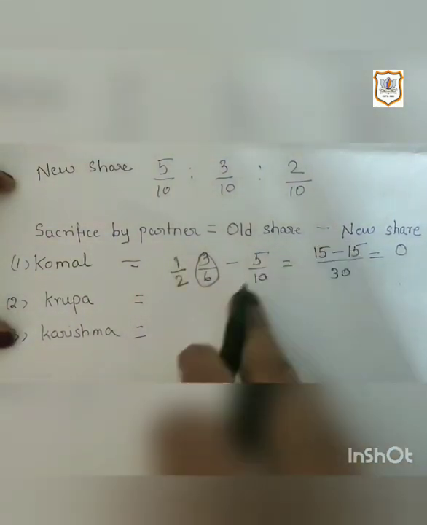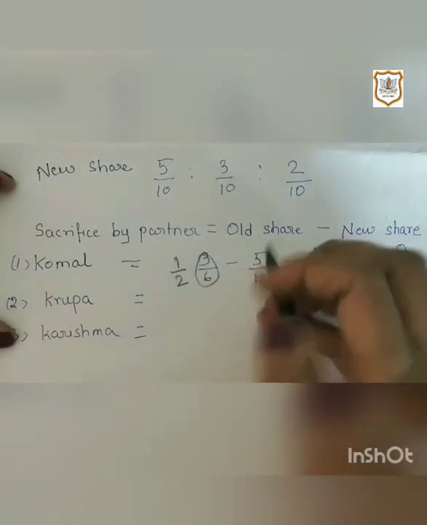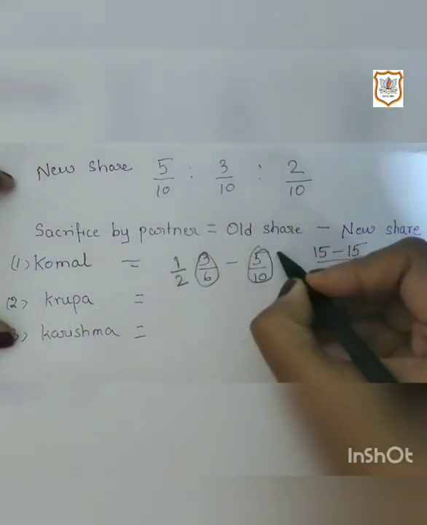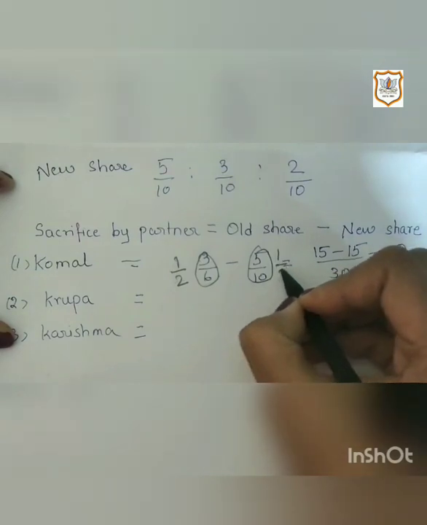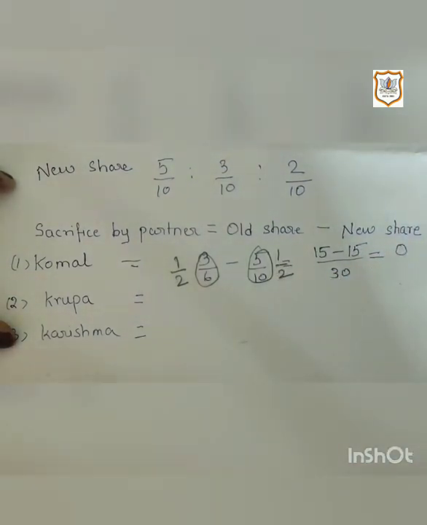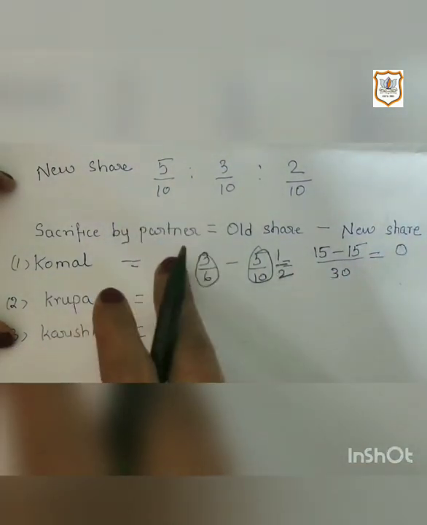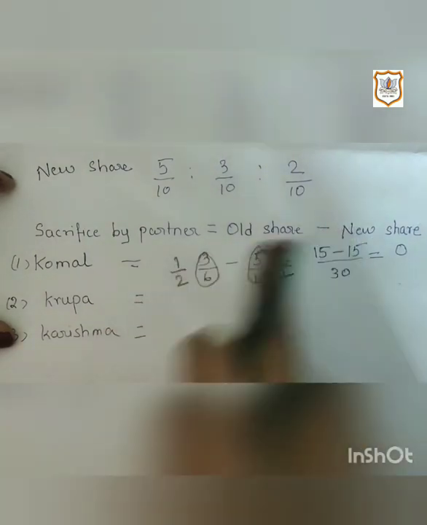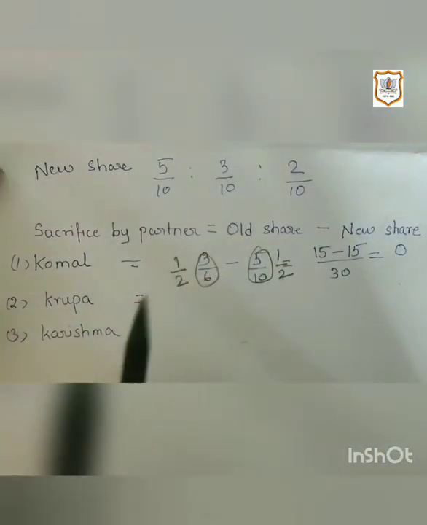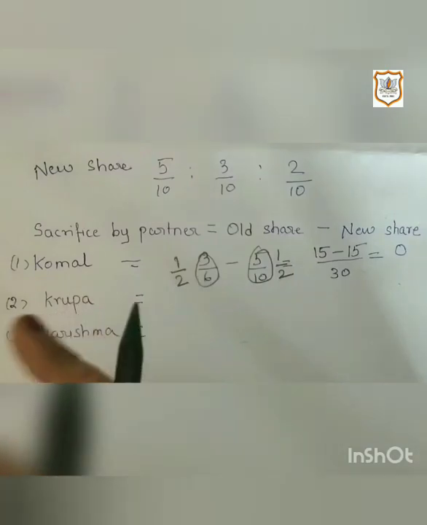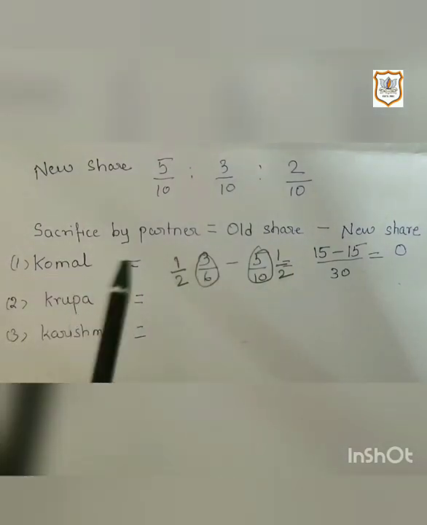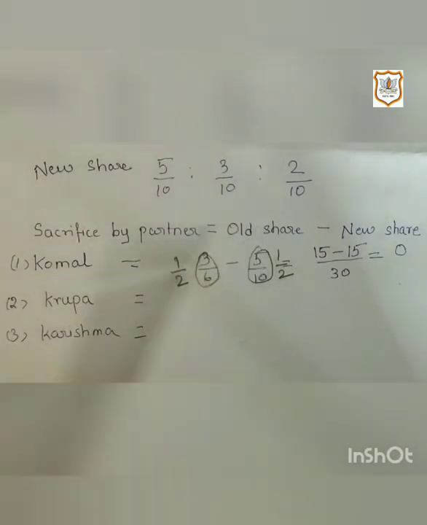Her new share is 5/10. If you simplify this, we again get 1/2. That means her earlier share was 1/2 and her new share is also 1/2. That means she has sacrificed nothing. Her share of profit remains the same.